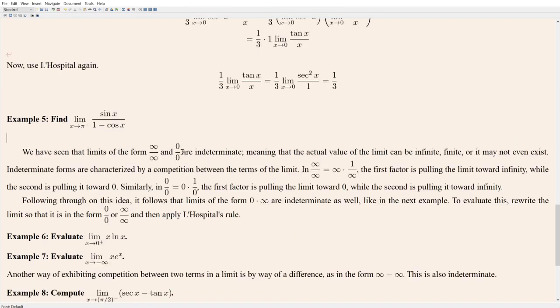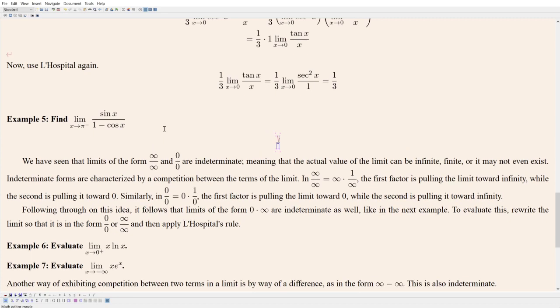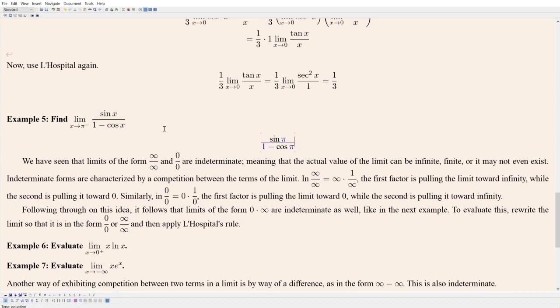All right, one more of this form. So what happens when I plug in pi into these guys? And we are approaching pi from the left. Well, let's see. The fact that we're approaching pi from the left doesn't really matter.